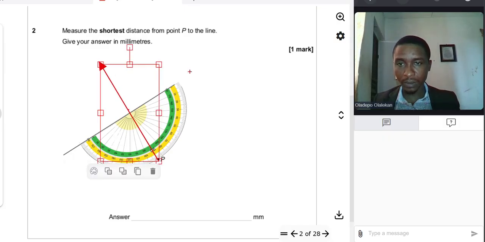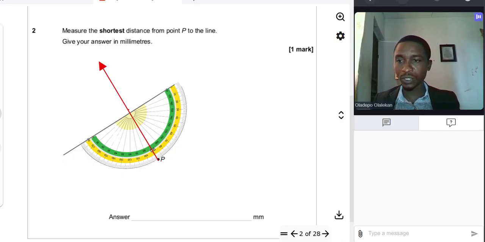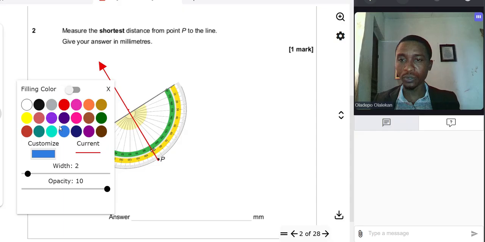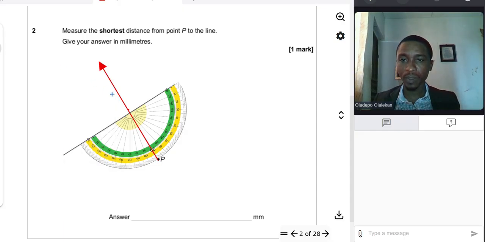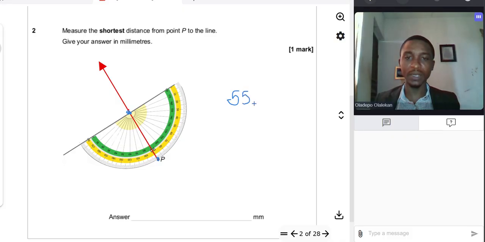So just measure from this point to point P. By virtue of most protractors, the height of the protractor is between 55 millimeters and 60 millimeters, although that may not be the actual value, this is just an estimated value.